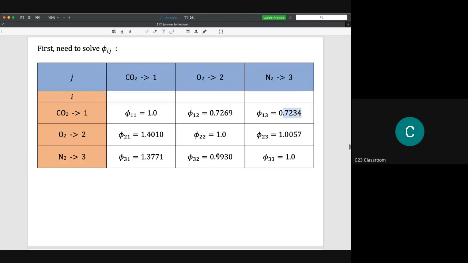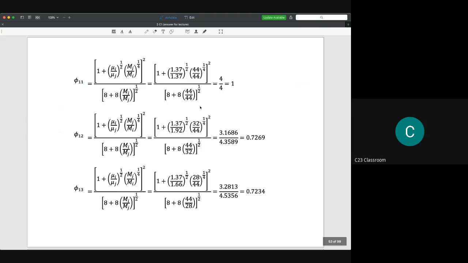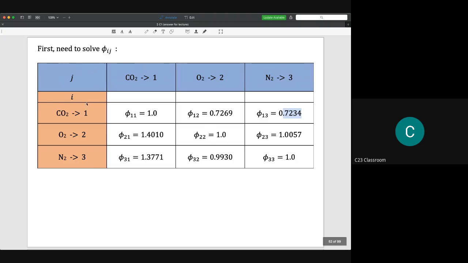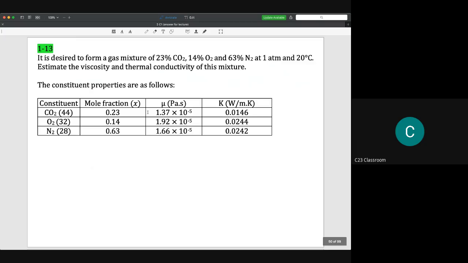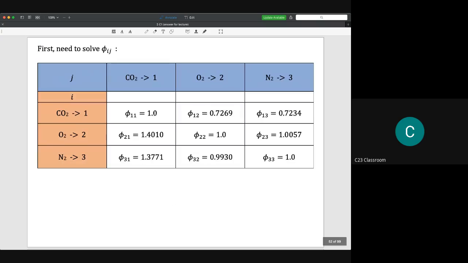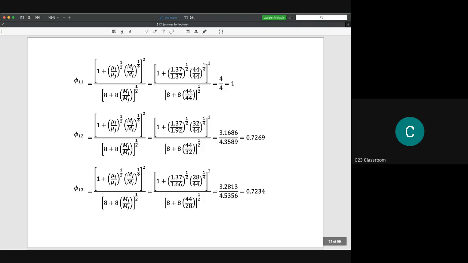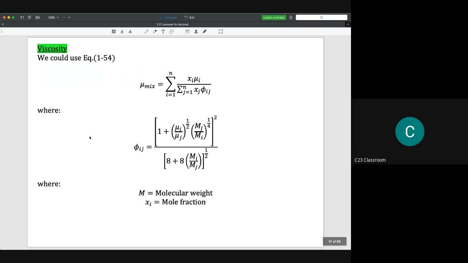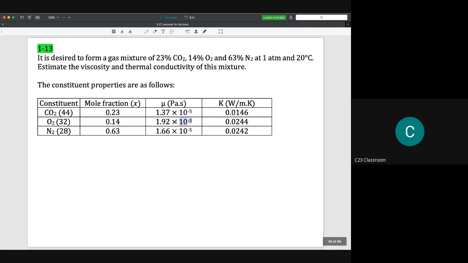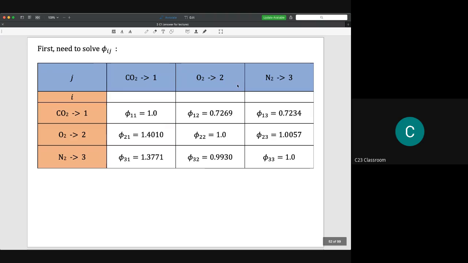All these values are calculated like this. For example, to calculate 1,2, we use 1.37 for i, which is the mu of carbon dioxide, and here is 1.92 because it is number 2, the oxygen, since we are solving the 1,2 entry.